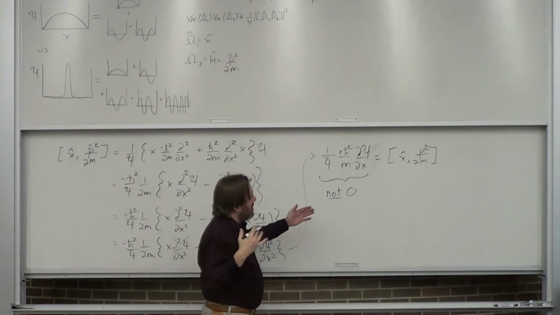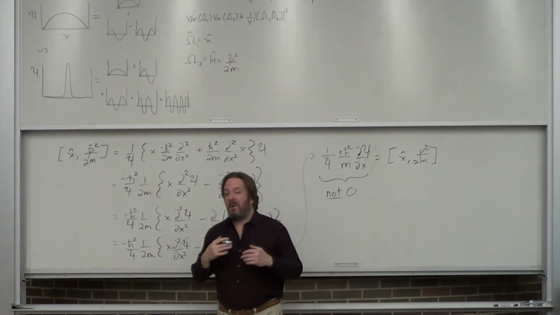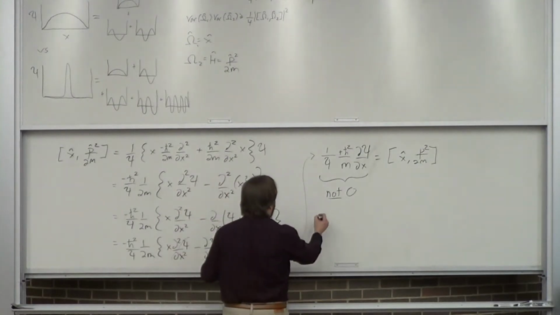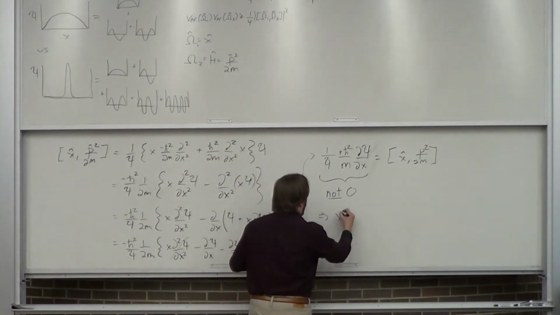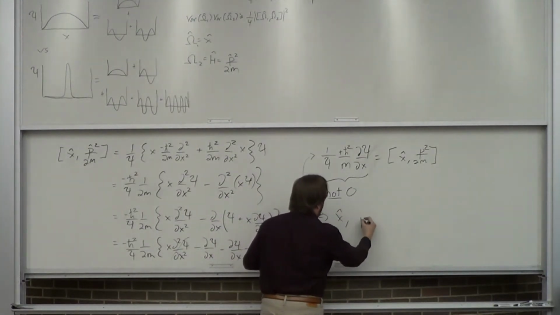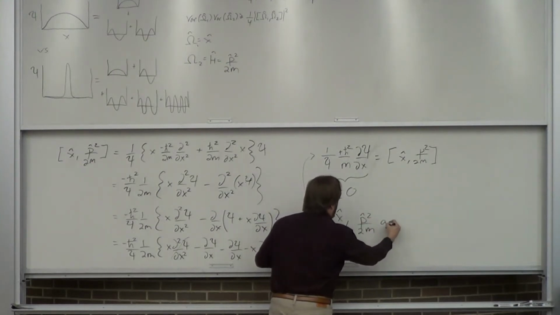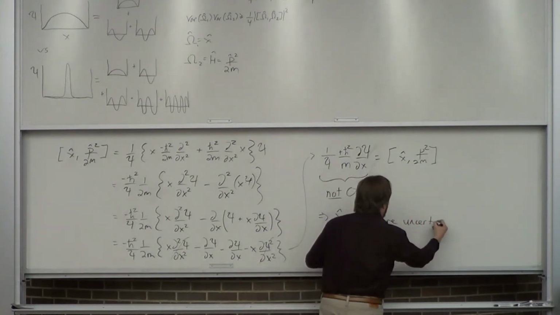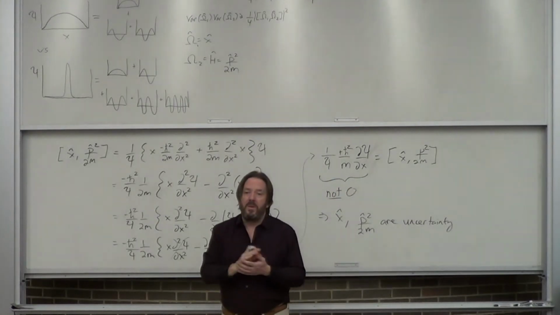As much as I don't really know what this is, I know it's not 0. That means that x and basically p squared, the 2m doesn't matter, I'll include it anyway, have an uncertainty. There's an uncertainty principle between the two.